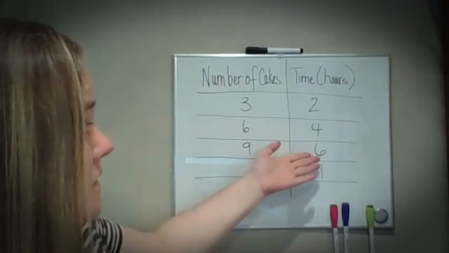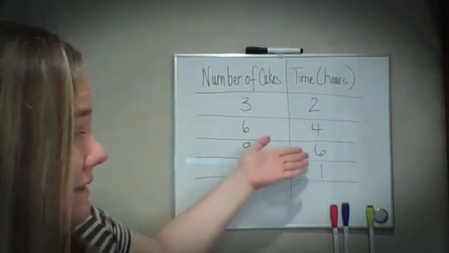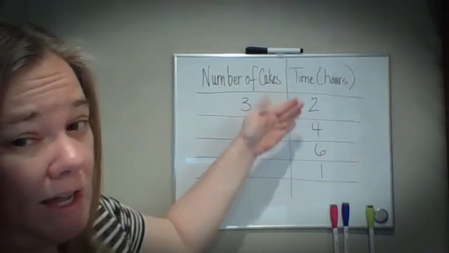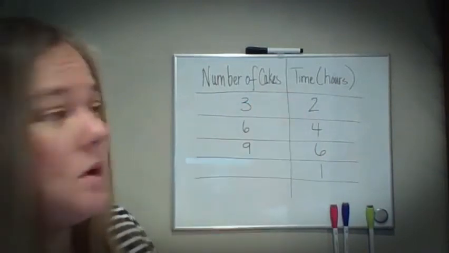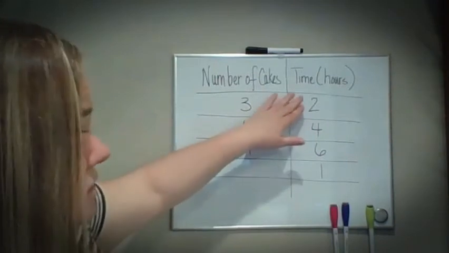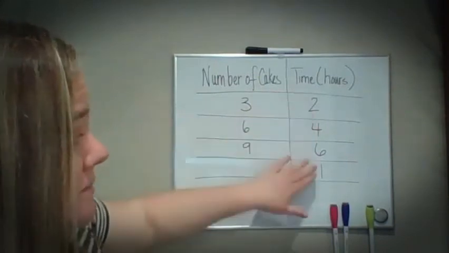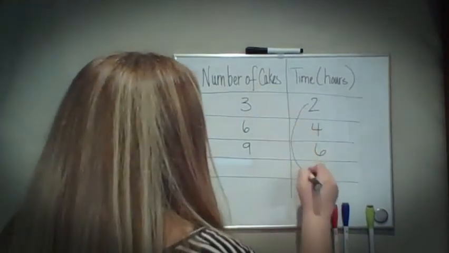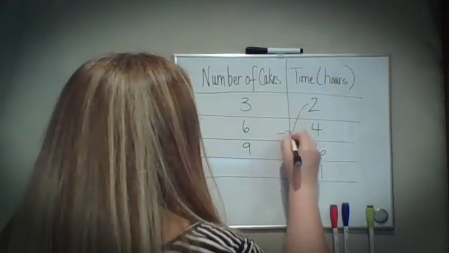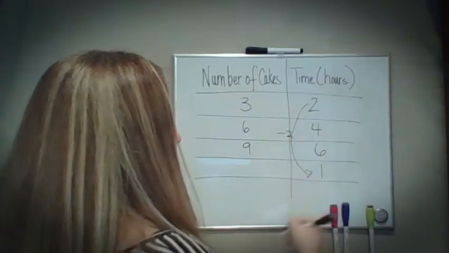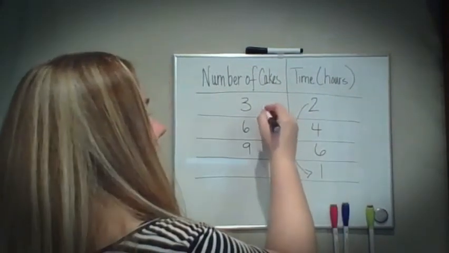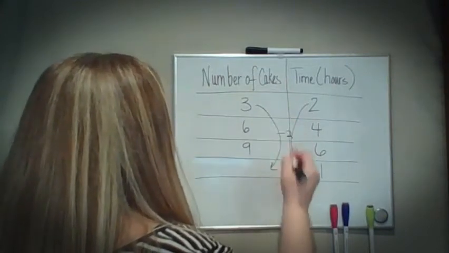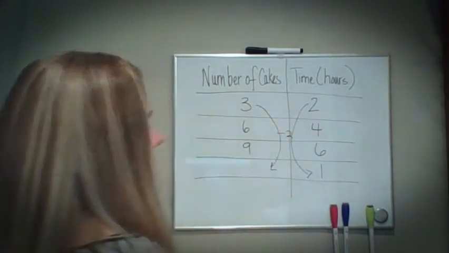Well, I could use 6 hours, but I also could use 2, since 2 is closer to 1 and 2 is double what 1 is. So if I took 2 and I want to make it become 1, that's a division of 2. 2 divided by 2 is 1. If that's the case, I also have to halve the number of cakes. So I have to take 3 and divide it by 2.